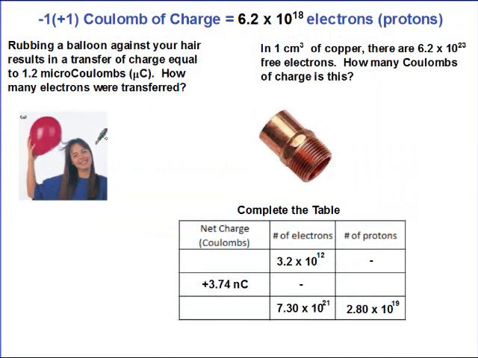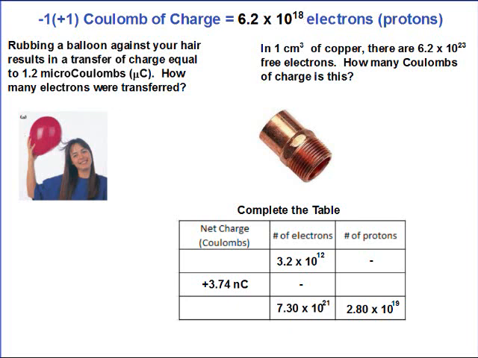Now we also have to be able to do some calculations. Let's say that we rub a balloon against your hair, and that results in a transfer of charge equal to 1.2 microcoulombs. How many electrons were transferred? We should make a note here that in order for us to have 1 coulomb, we need 6.2 times 10 to the 18th electrons.